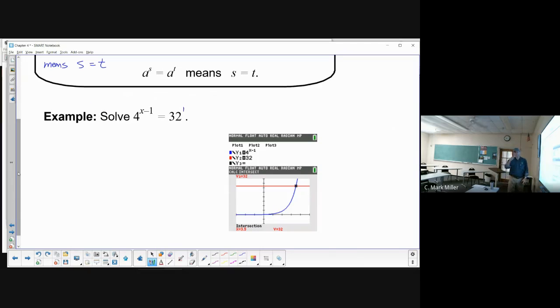Well, he's right. But okay, here's what we're going to do. They aren't the same base. We're going to make them the same base. 4 and 32 are both powers of what? 2.